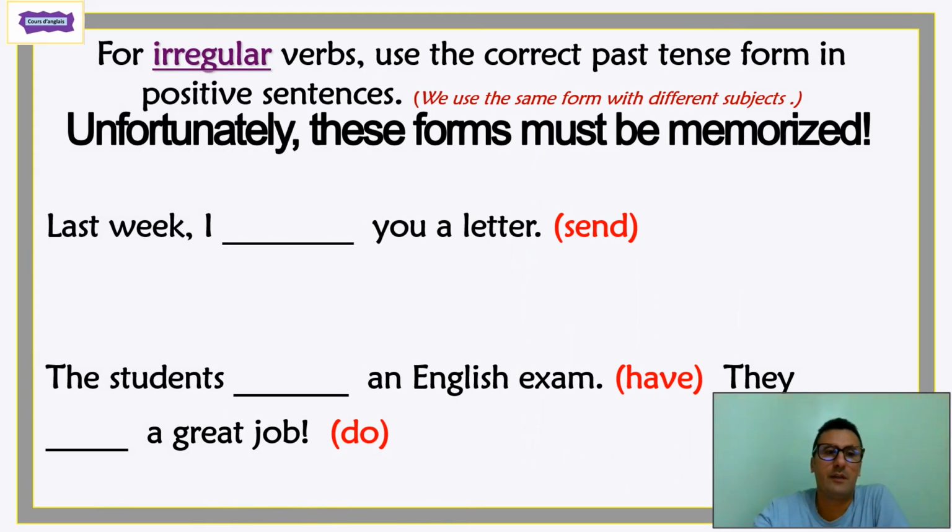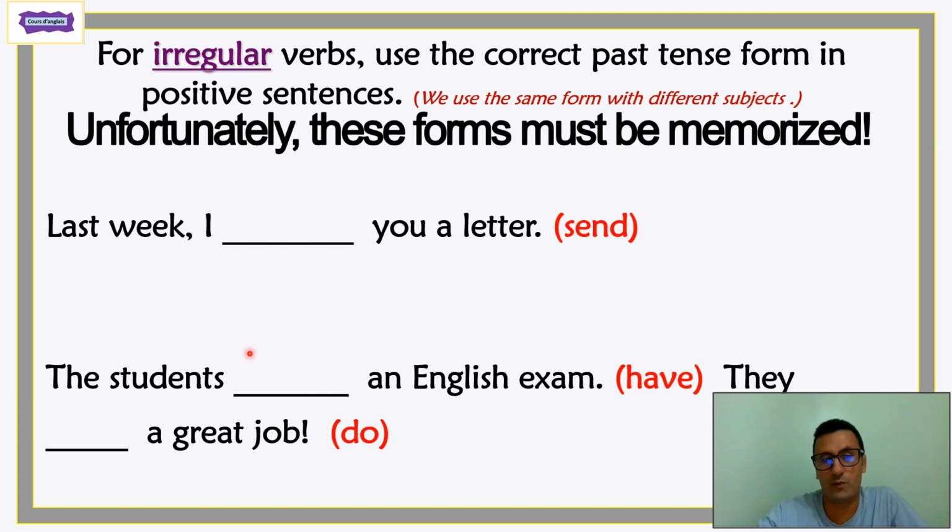Alors, for irregular verbs, use the correct past tense form in positive sentences. We use the same form with different subjects. Unfortunately, these forms must be memorized. Last week, le verbe qu'on va conjuguer, c'est to send you a letter. The students, an English exam.